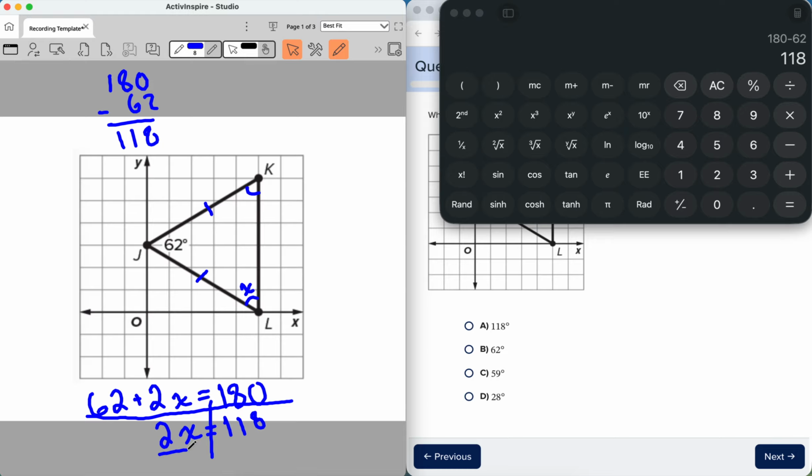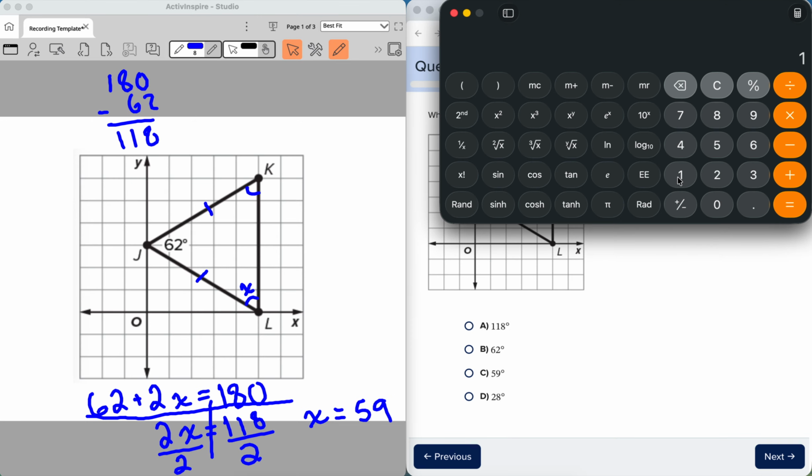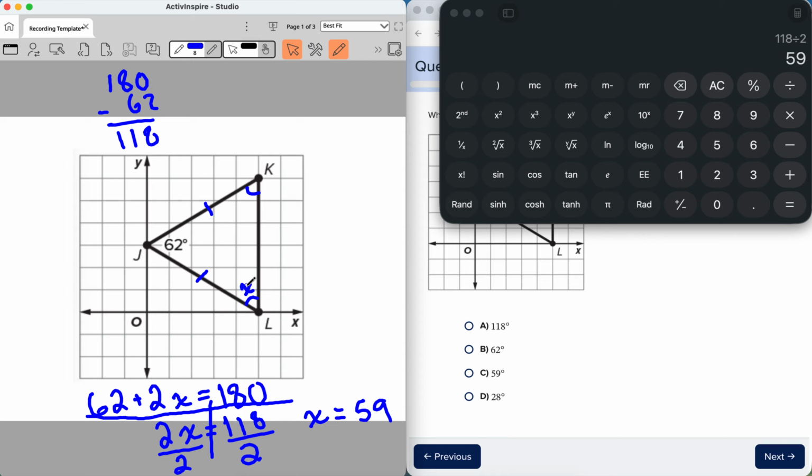So I can just divide both of these sides by 2. That tells me that x is 59, because 118 divided by 2 is 59. So that means that angle JKL is 59 degrees, as is this angle.